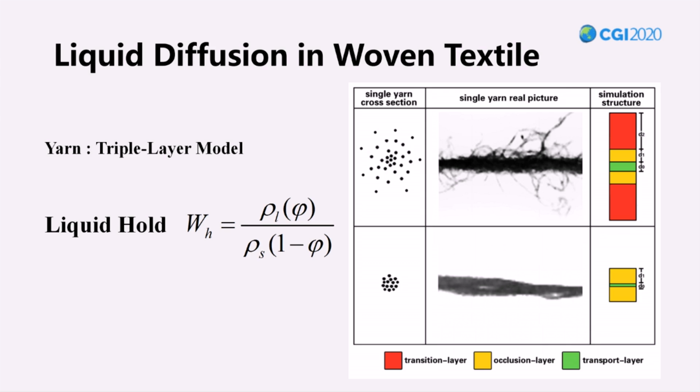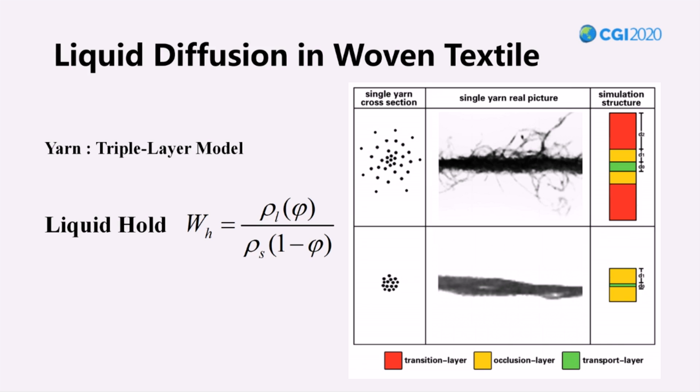The following formula determines the maximum amount of liquid that can be contained in a yarn segment, where W_H represents the maximum liquid that can be accommodated in a yarn segment.